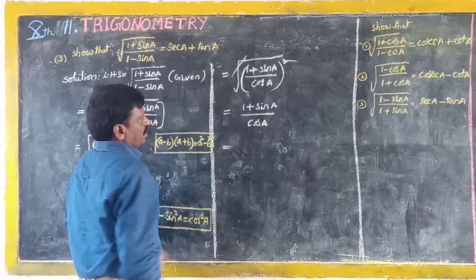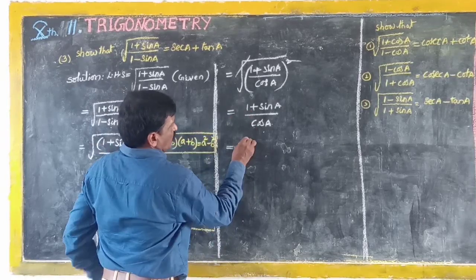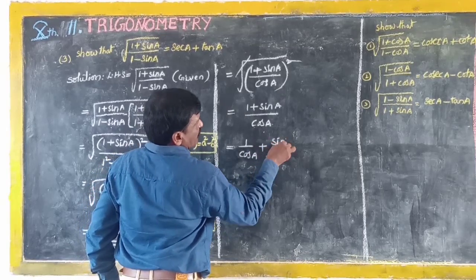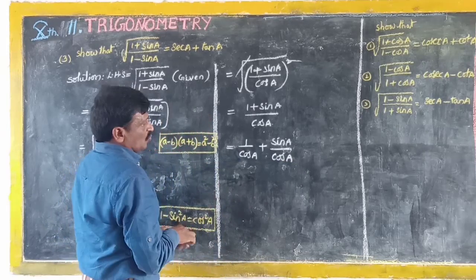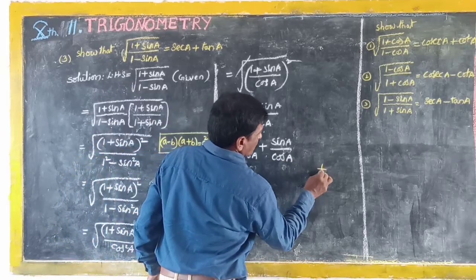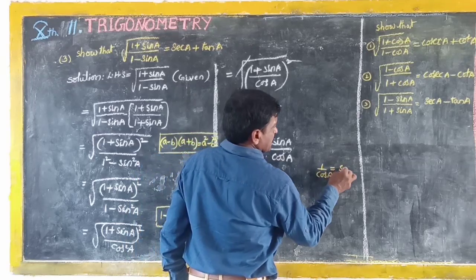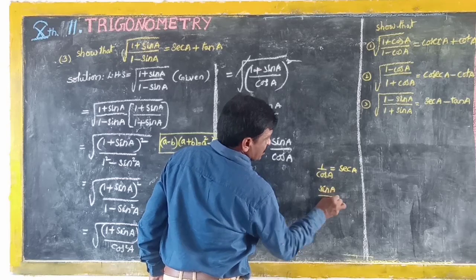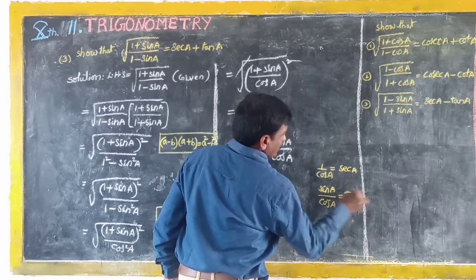Distribute the denominator cos a: 1 by cos a plus sin a by cos a. So 1 by cos a is equal to secant a, as well as sin a by cos a is equal to tan a.